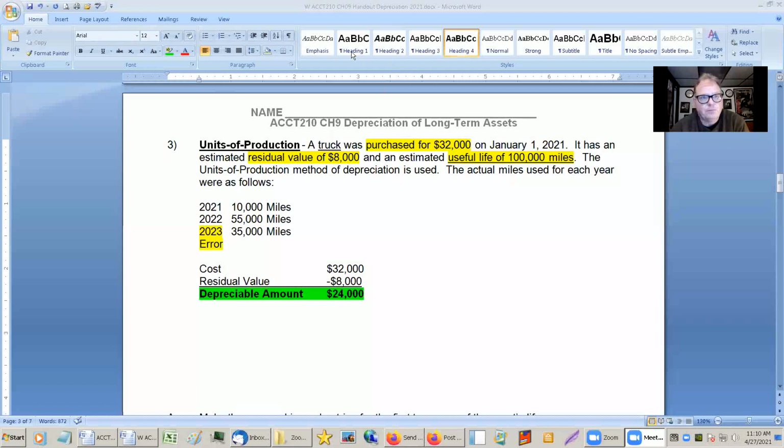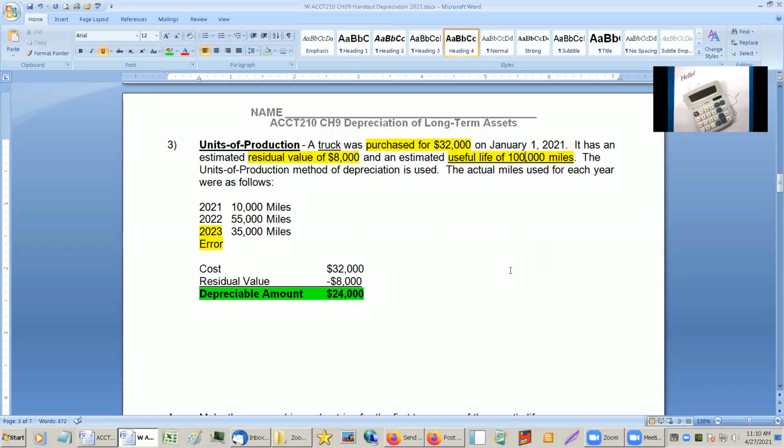Its useful life is 100,000 miles. So what would the depreciation expense be per mile? You figure that out, either blurt it out or put it in chat.